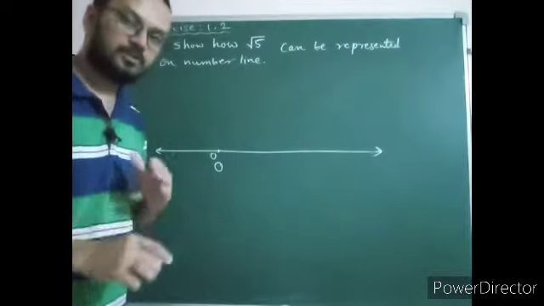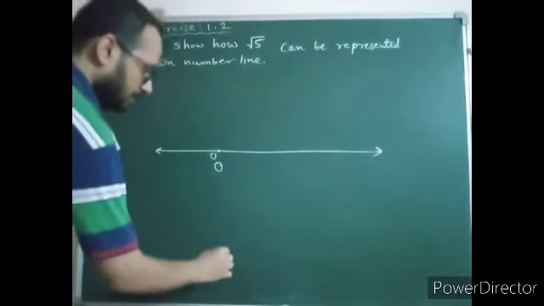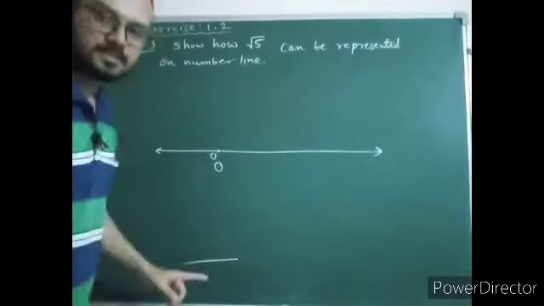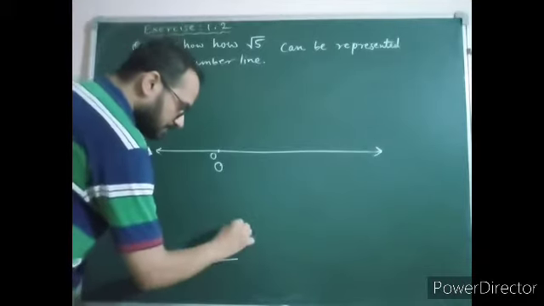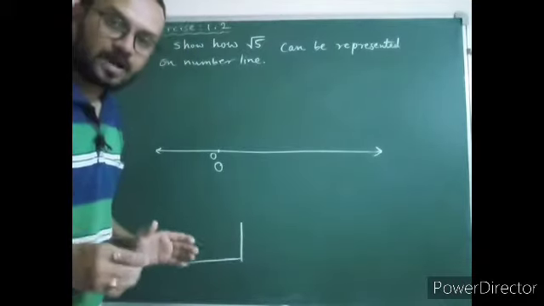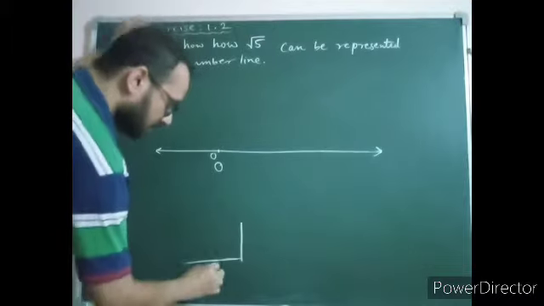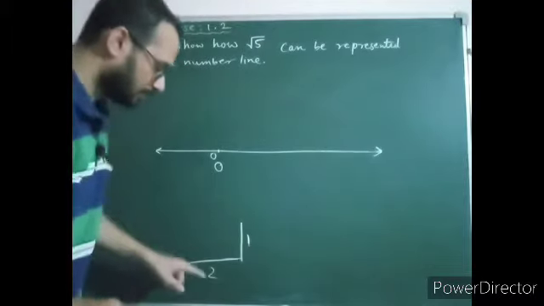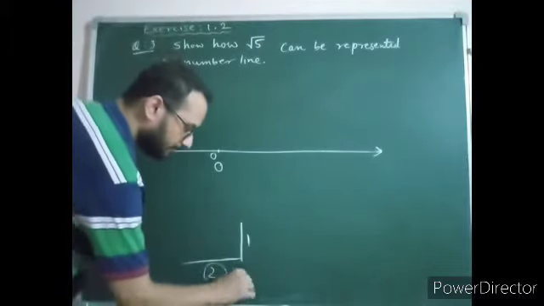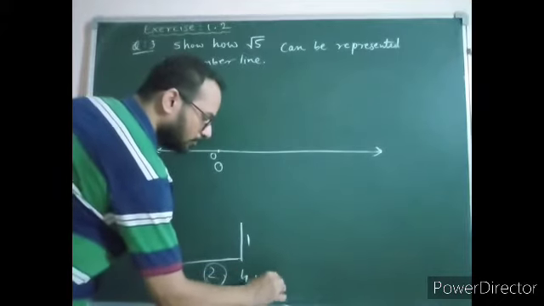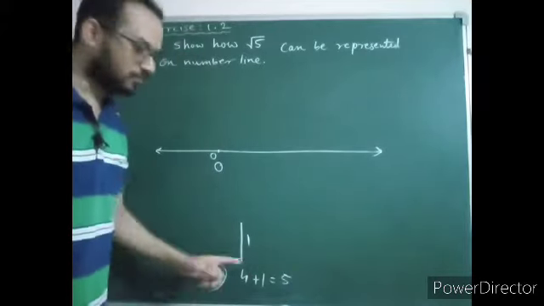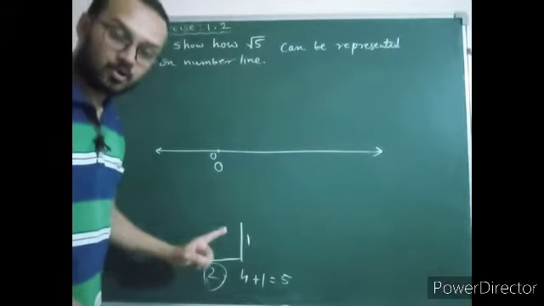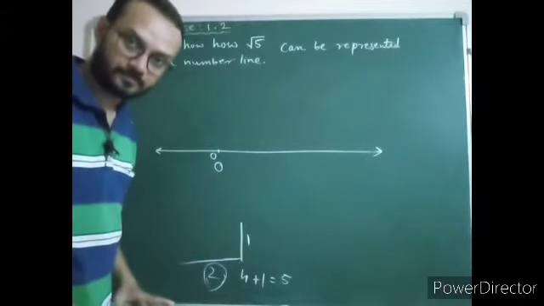But here we will do it a different way. Here we will take this distance as 2 units and this as 1 unit. Why will we take so? Because 2 square will be 4 and 1 square will be 1, 4 plus 1 will be 5. So we will get 5 according to the Pythagoras theorem.